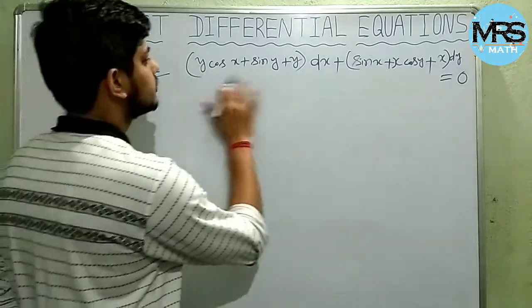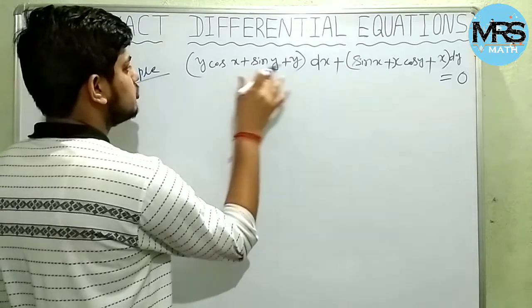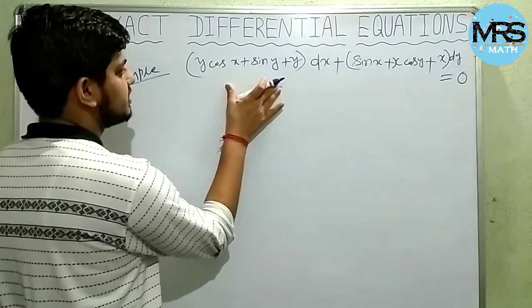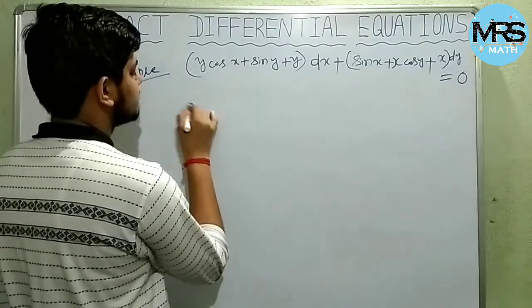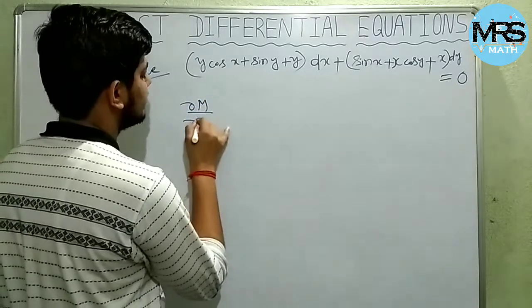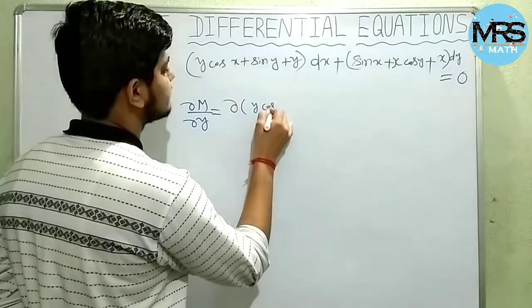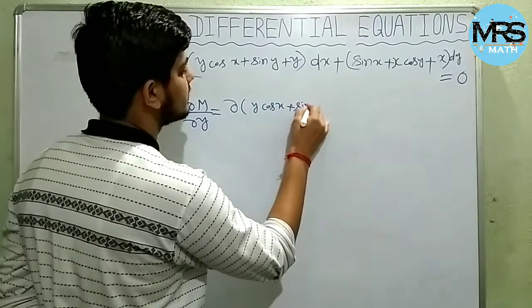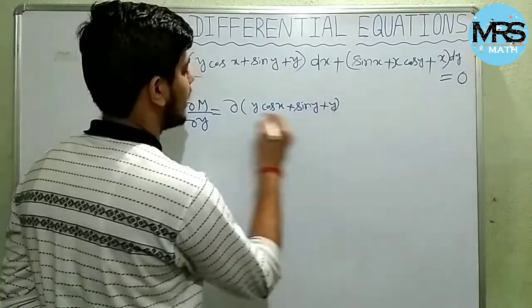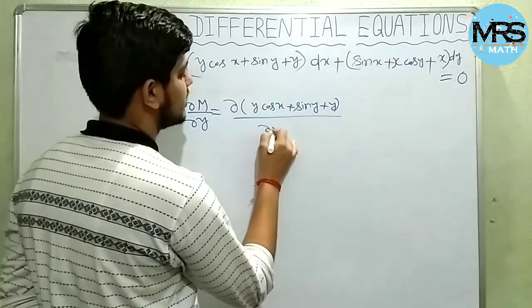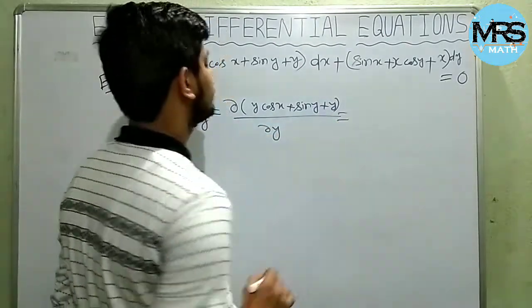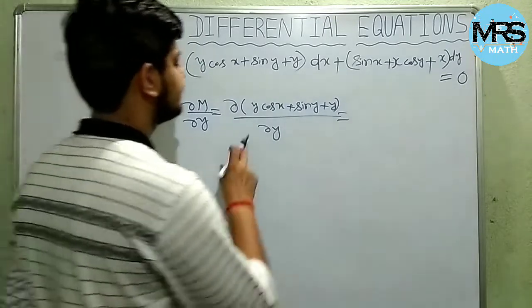Okay students, so this is our M(x, y). If we take the partial derivative of this function with respect to y, what do we get? ∂/∂y of (y cos x + sin y + y).